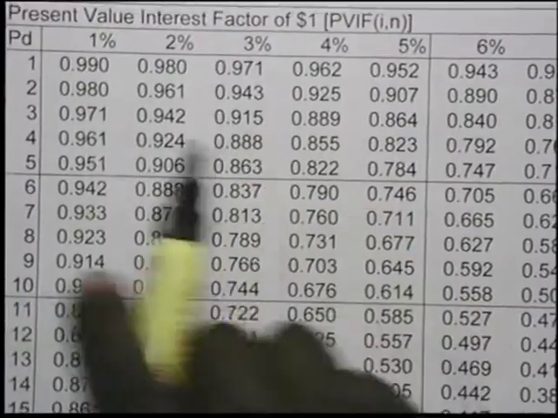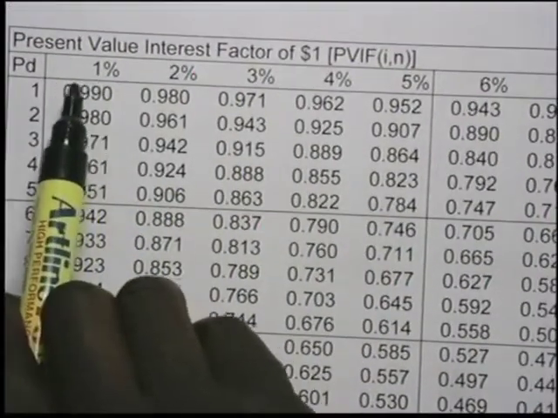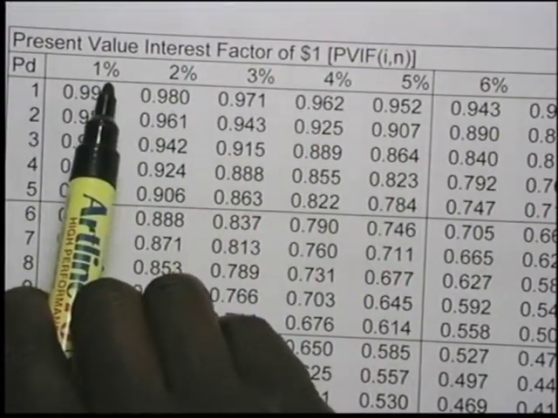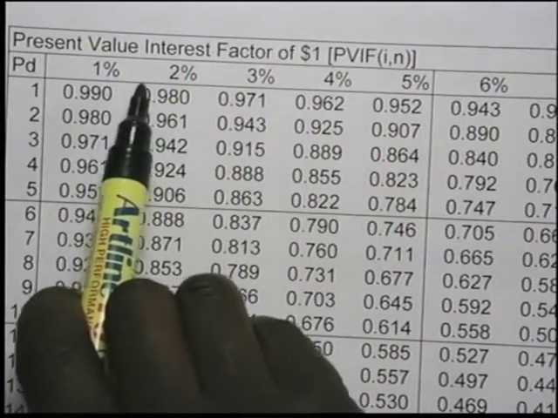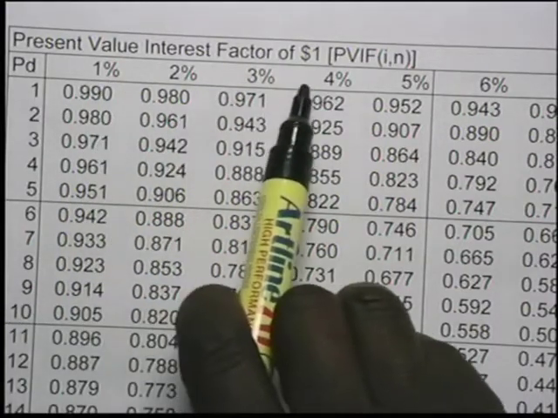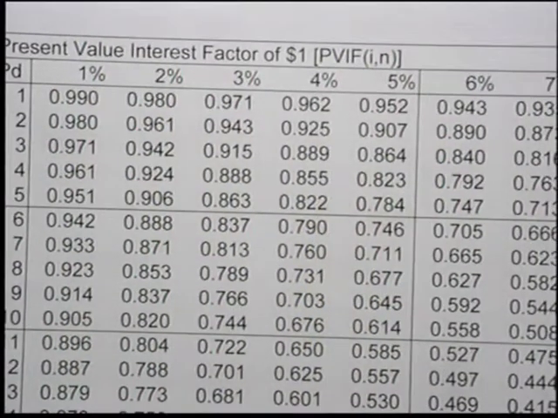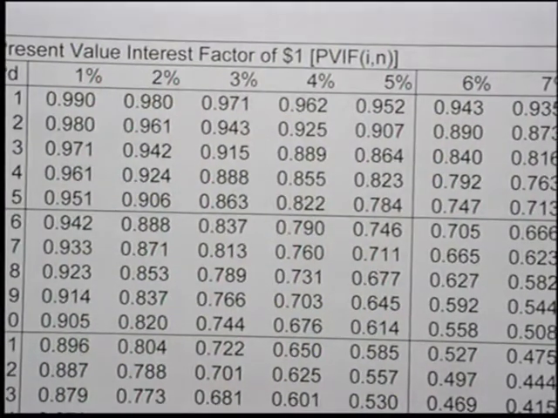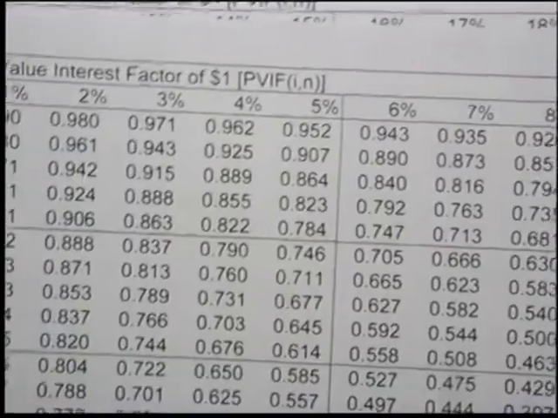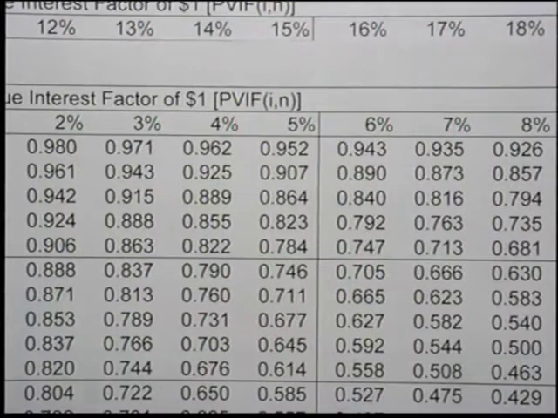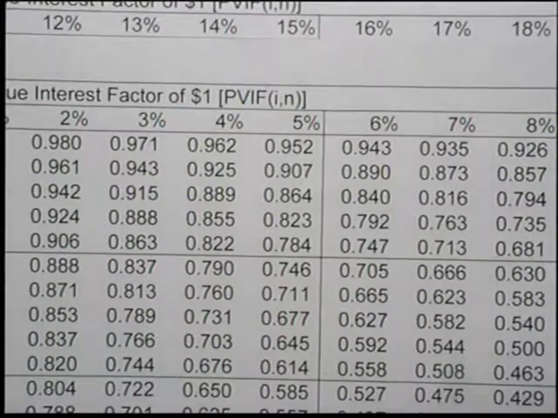And the percentages along the top represent the discount factor or the interest rates that we factor in. In our example, we are using 7%. So we are interested in this 7%, sorry.